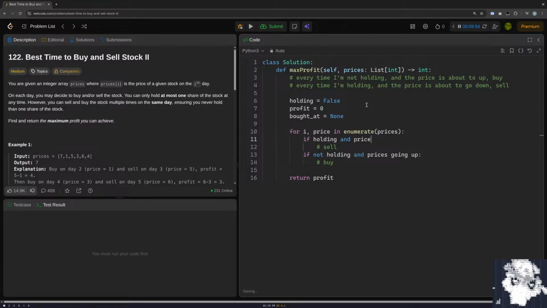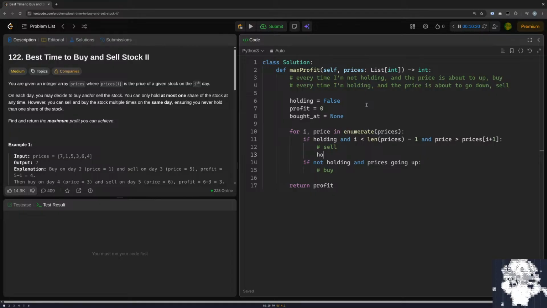It means price is greater than prices of i plus 1. And then let's make sure that that's safe to do: holding and i is less than len of prices minus 1, and price is greater than prices of i plus 1. Then we want to sell.